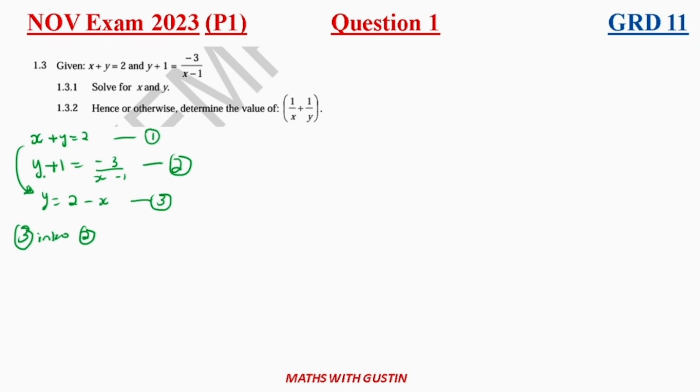So where there's y, we are going to put 2 minus x, plus 1, equals -3 all over x minus 1. Okay, so now if you were to simplify this, we are going to be left with -x plus 3 is equal to -3 all over x minus 1.